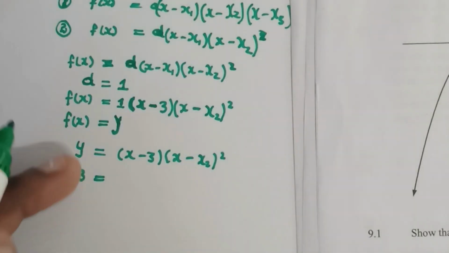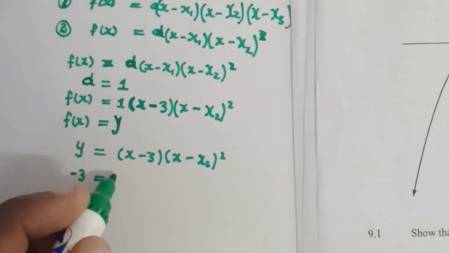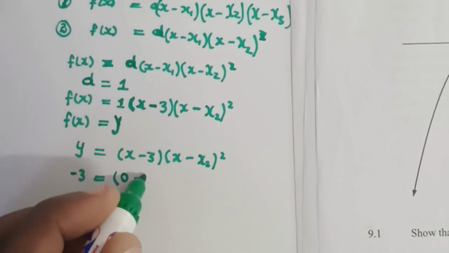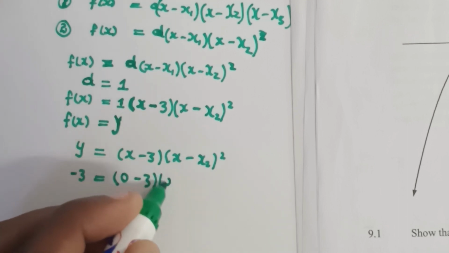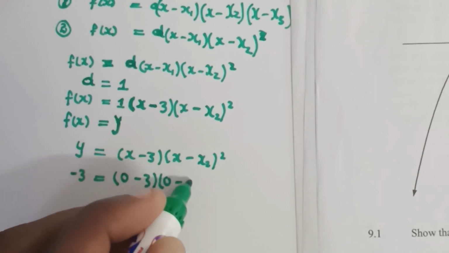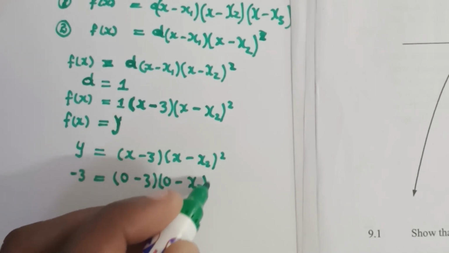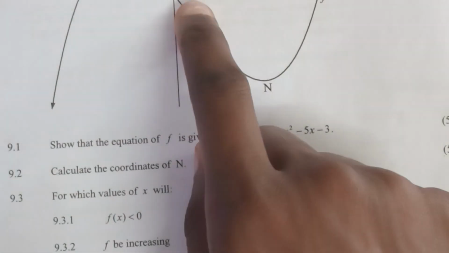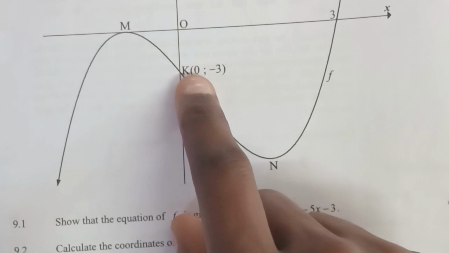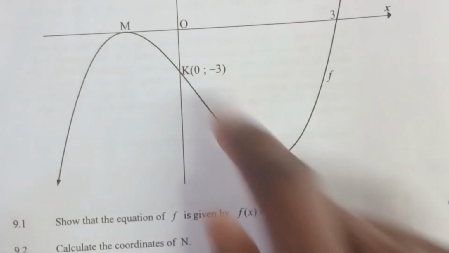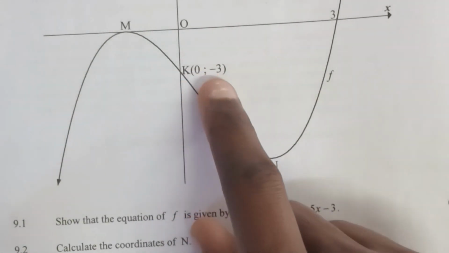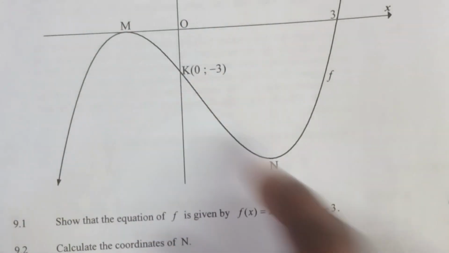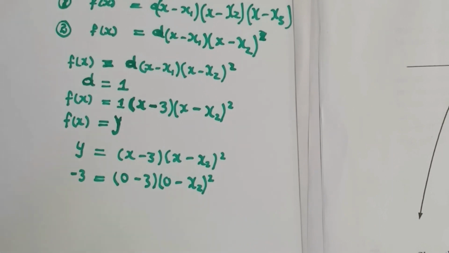So we replace y here with negative 3, and then we say x is 0 minus 3, and then 0 minus x2 squared. I hope you all see that. Here is our x, and then here is our negative 3. That is x and that is y, the point on the graph that we use to find this x2.